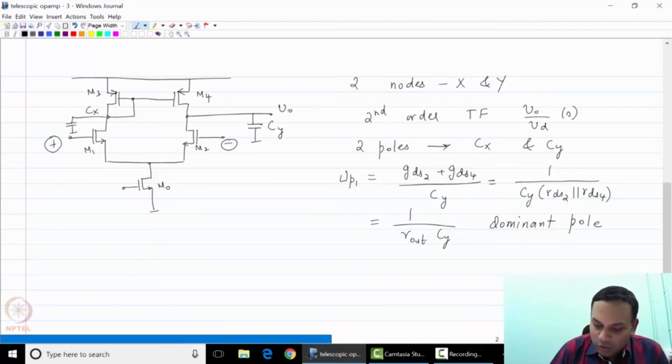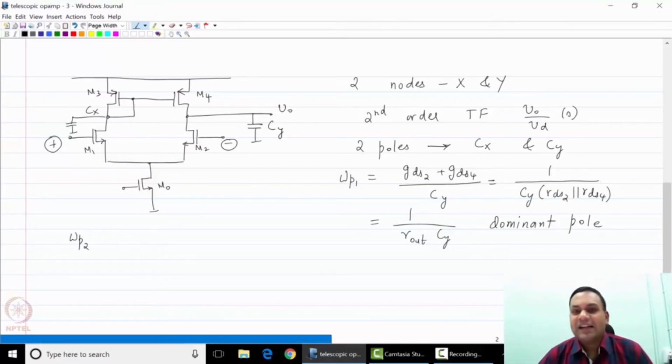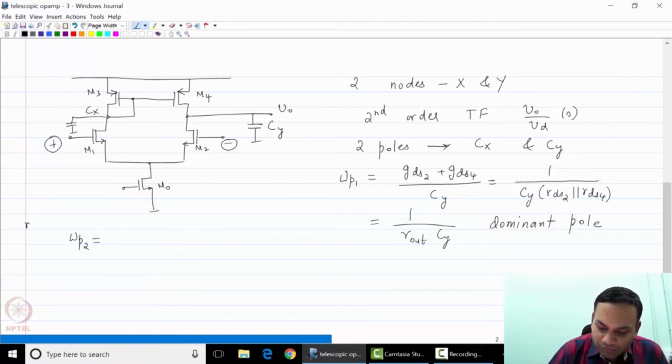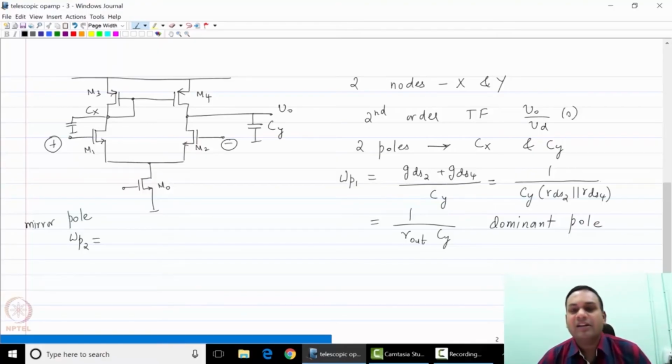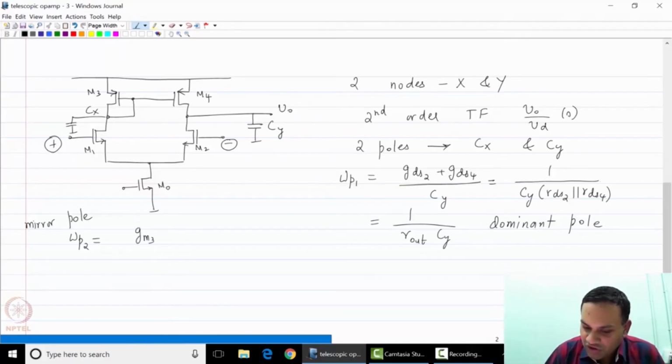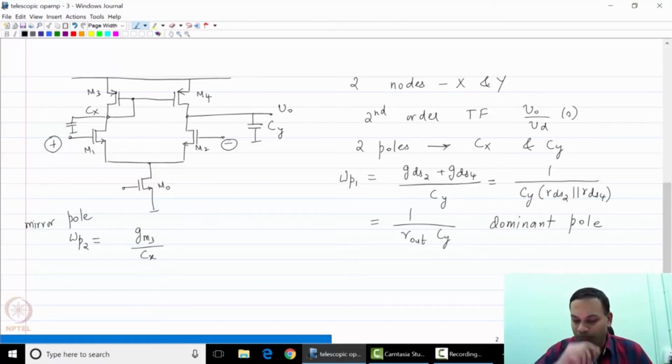Apart from this, you also had a second pole which was called the mirror pole, because it came from the current mirror consisting of M3 and M4. So this was given by GM3 over Cx.